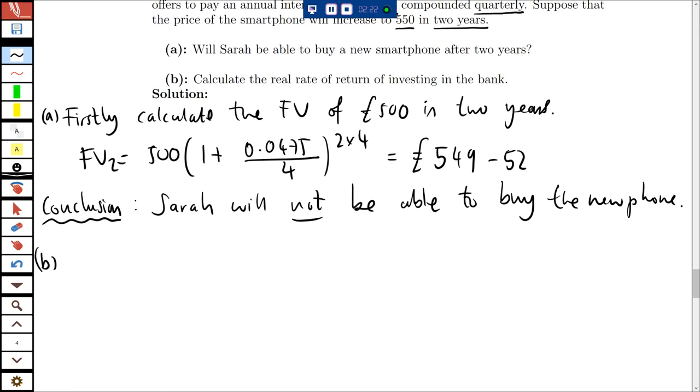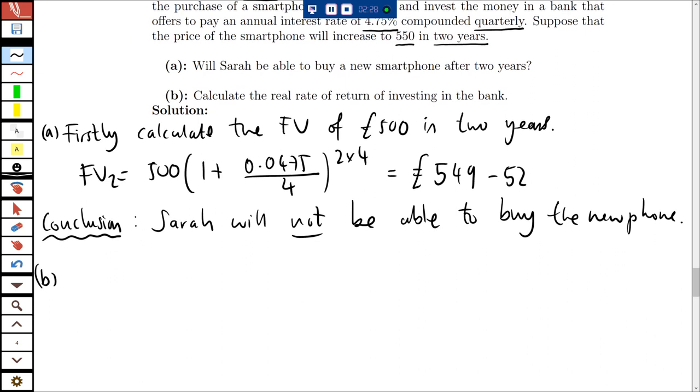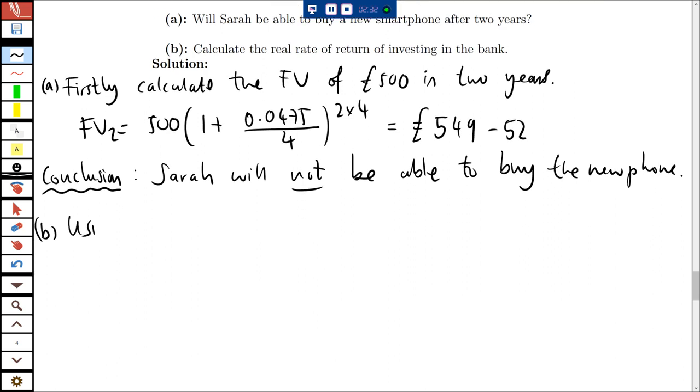Okay, part B. Calculate the real rate of return for the investment in the bank. So for the real rate of return, we need to use Fisher's equation, which says 1 plus the real rate of return is 1 plus the actual rate you get in your hand.